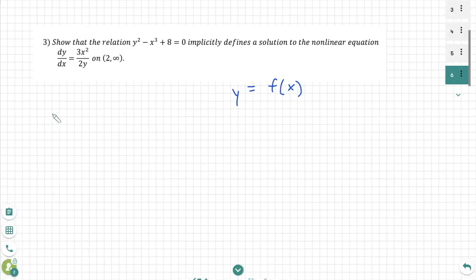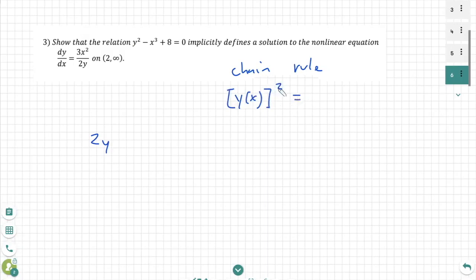The idea here is that if you take the derivative of y squared, you apply the power rule, so that becomes 2y, but then y itself is a function. Chain rule applies when you're taking the derivative of a function within a function. So in y squared, we treat y as a function of x.